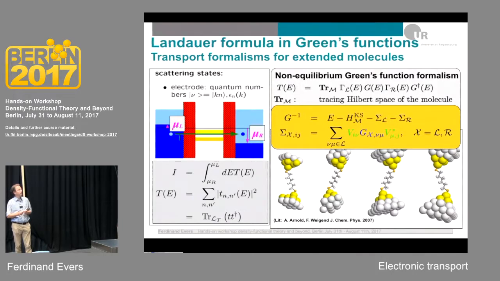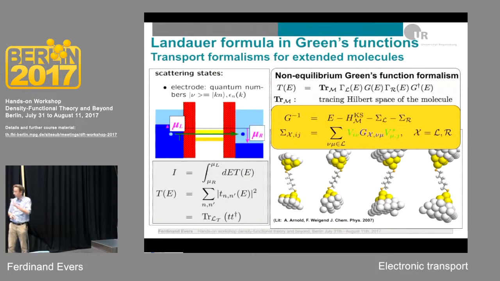So these self-energies must somehow deal with these leads, and they do this in the following way. The self-energy here is actually an object, and unfortunately one cannot see anything at all, so I apologize for the choice of the colors. So this self-energy is actually something simple. It is the Green's function of the reservoirs multiplied with coupling matrix elements that connect this, for instance, site with the reservoir site mu, and there are two of those, meaning I hop away from the molecule into the reservoir and back again.